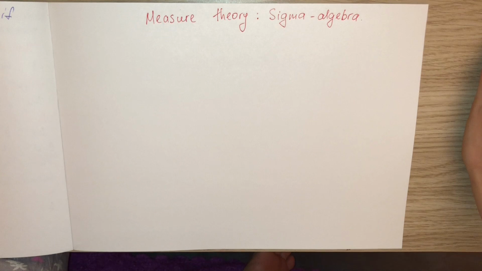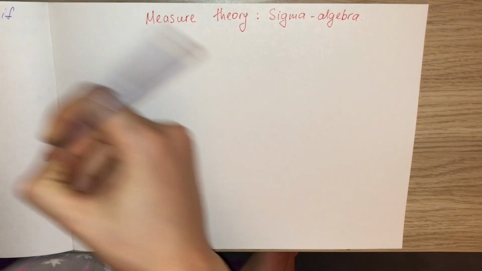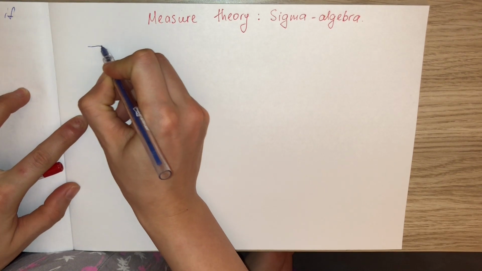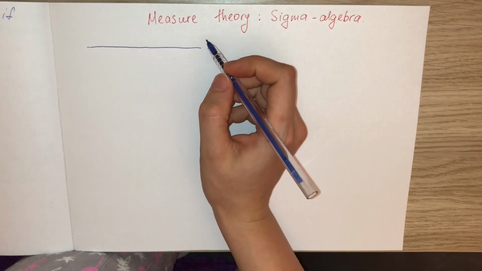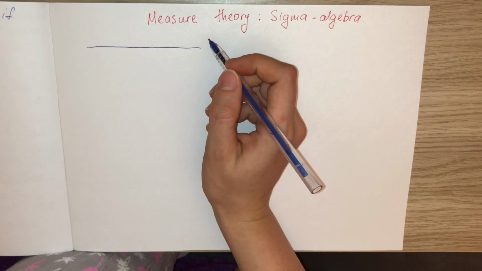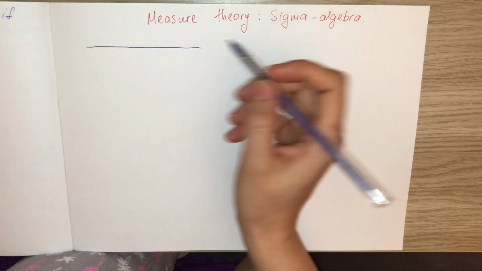So let's start here with the real line. This is a real line. We can look at subsets of the real line and ask how to measure these subsets.